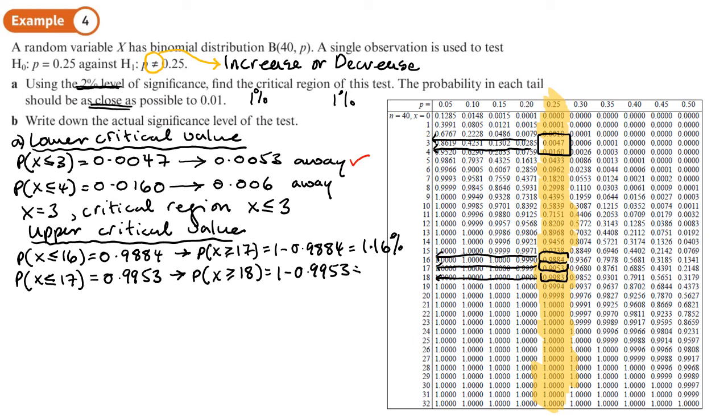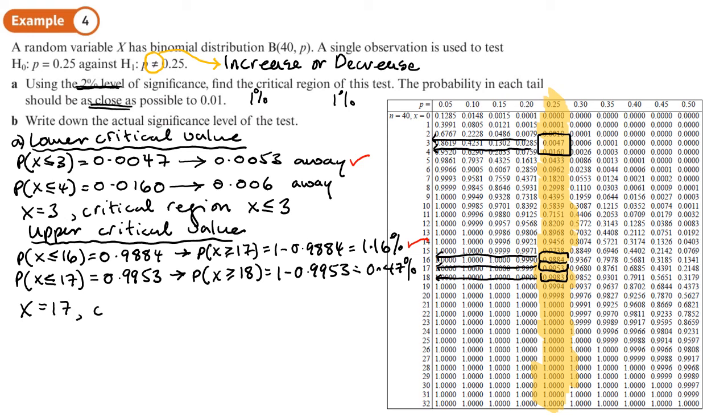I'm just trying to get out of standard form. That gives 0.47%. Now I want to work out which one of those two is closer to 1%. The one which is closest to 1% is this one. So if we observe anything greater than 17, we're going to be suspicious. So the critical value is 17.